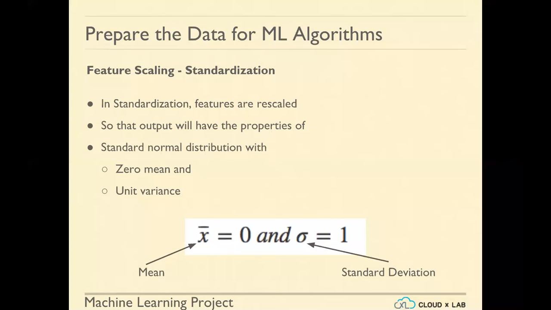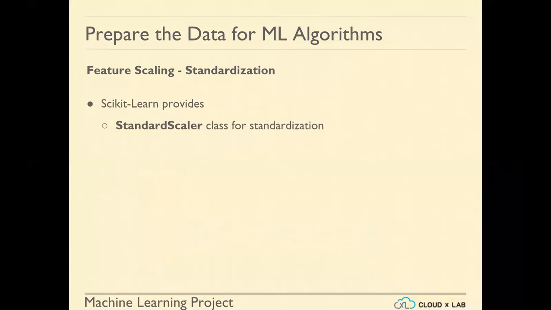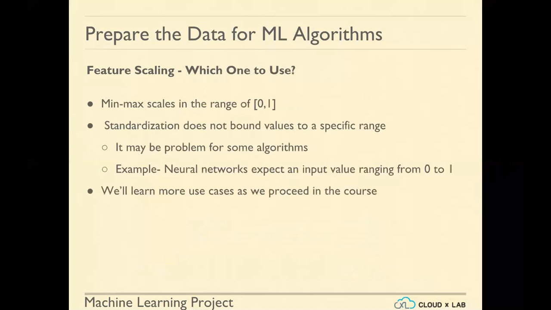Scikit-learn provides a very nice class called StandardScaler for the same thing, and we can use that. Standardization is good for cases where data is varying a lot, but it does not guarantee that the outcome of the StandardScaler is going to be between 0 and 1.